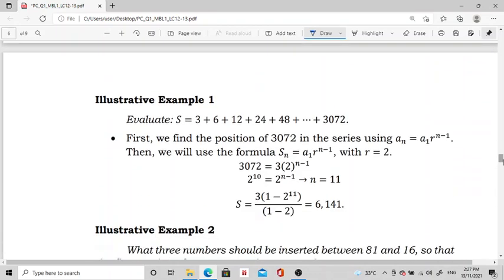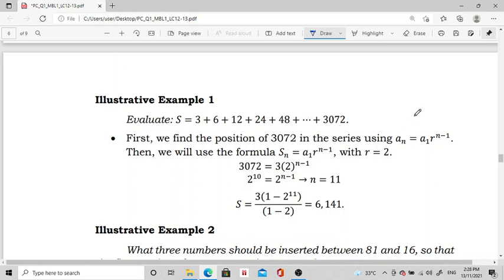Okay? Let's try to use the formula above to evaluate this series. So, obviously, this is a geometric series where the ratio is 2 because kita naman natin 3 times 2, 6 times 2, 12 times 2, and so on. So first, we want to know pang ilan ba si 3072 sa list, sa sequence, sa series.